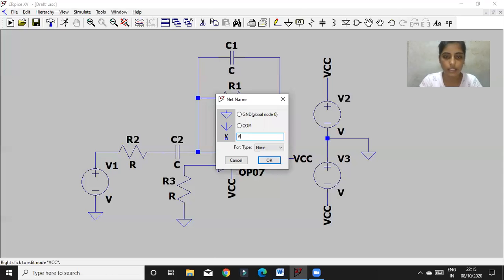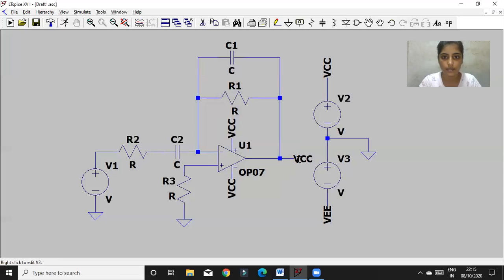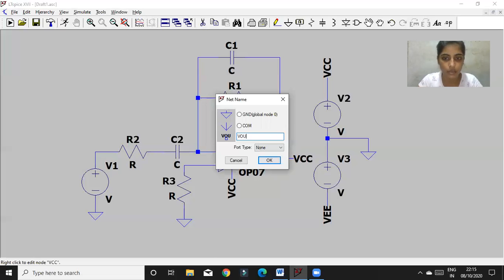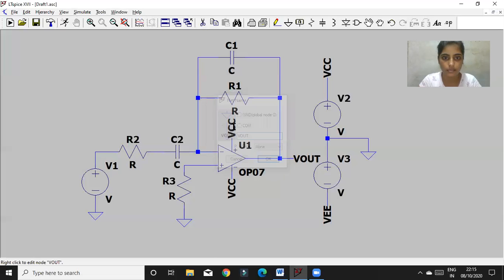This is my VEE. This is my Vout. This is my VCC and this is my VEE.